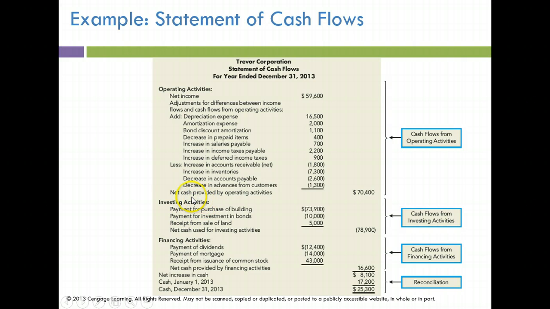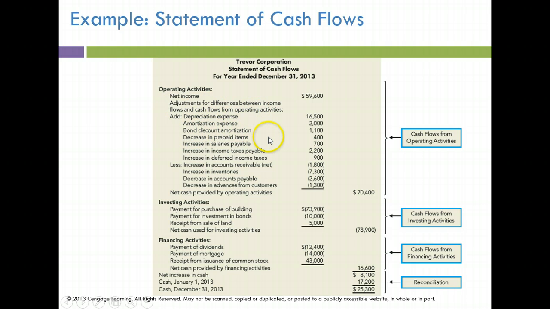As you see in this example, this is an indirect method cash flow statement. We start with net income. We always start our cash flow with the net income. From there, in the operating section, we're going to deal with adjustments for differences between income flows and cash flows.